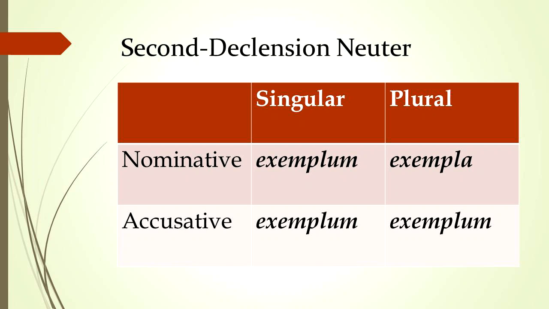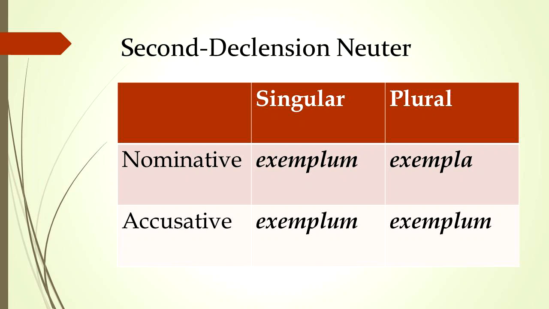Most second declension nouns are masculine, but there is an important subset of second declension neuter nouns. An example of this is the Latin word for example, exemplum. An important rule for neuter nouns in the Latin language is that neuter nominatives are always identical to neuter accusatives.